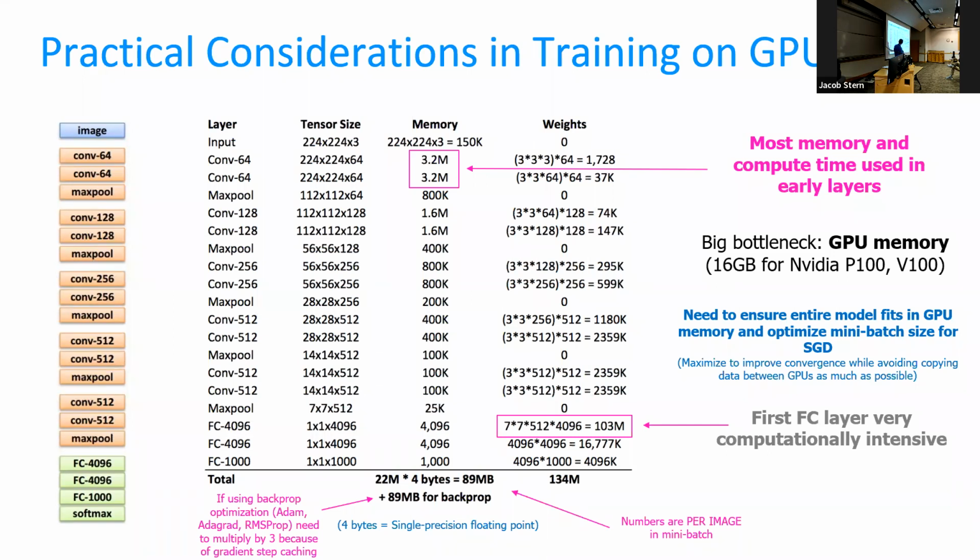This slide says that we need 89 megabytes for backprop, but I think that's incorrect. Can any of you see if you agree with me? Do you agree or disagree that we should have 89 megabytes for backprop?